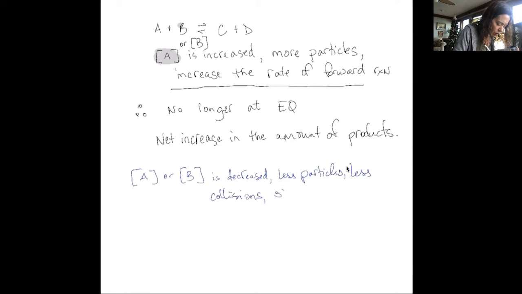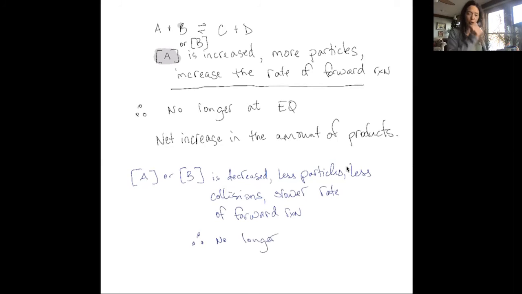We would have a slower rate of the forward reaction. So we're no longer at equilibrium, because we just messed up the rate of the forward reaction. The forward would be slower than the reverse, because we slowed the forward.